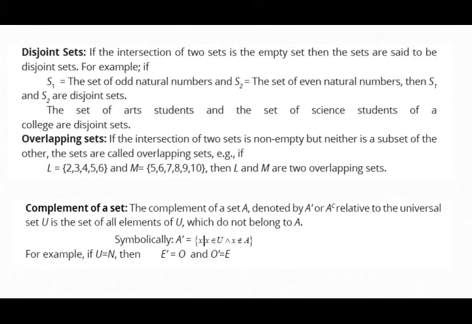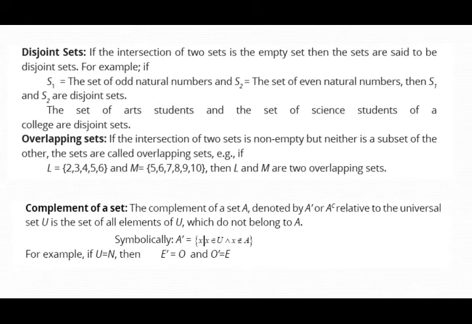Complement of sets. The complement of a set A, denoted by A dash or A^c, relative to the universal set U is the set of all elements of U which do not belong to A. Symbolically, A complement is equal to {x such that x belongs to U and x does not belong to A}.